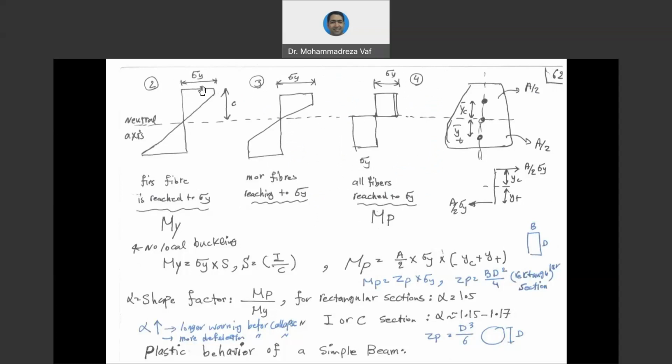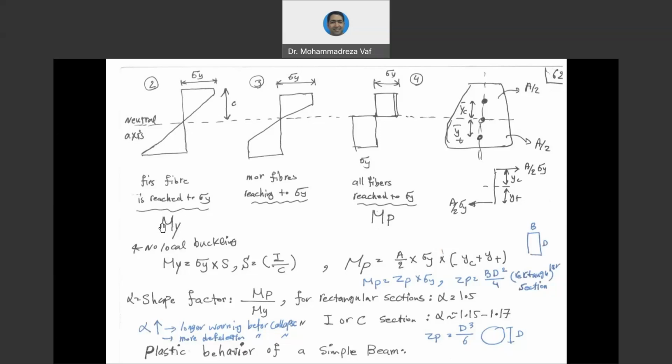So this shape is showing the case where one of the fibers has reached its value. In this case, we call the bending moment the yield bending moment, and we show it with My. So My is the condition in which only one of the fibers in the cross-section has reached its yield strength or yield stress.